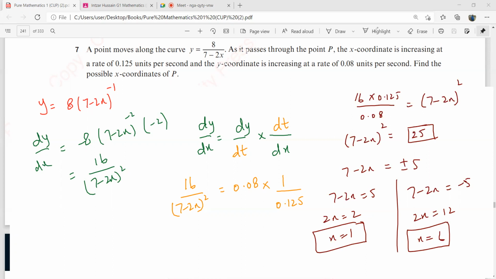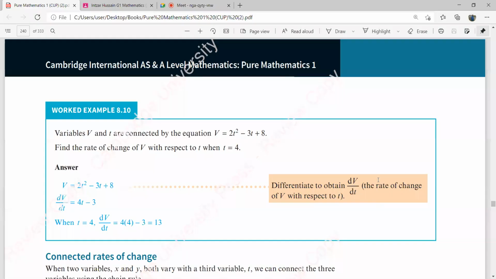Okay. So this was it. Now suppose you're given the rate of change of y and you have to find the rate of change of x. For that case, you will be writing your chain rule like this: dx by dt is dx by dy times dy by dt.